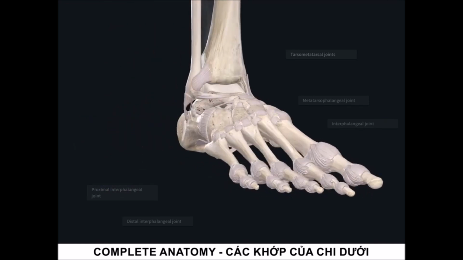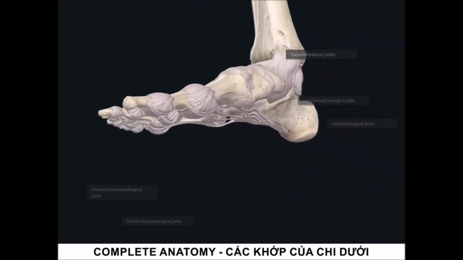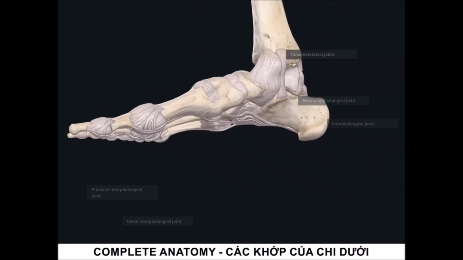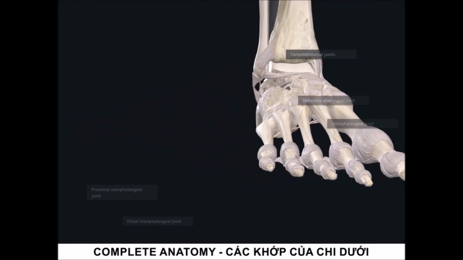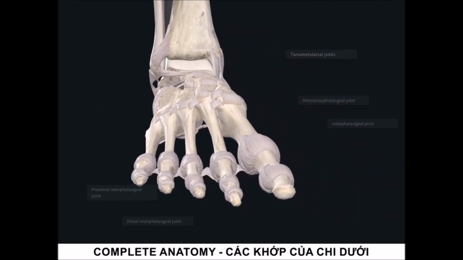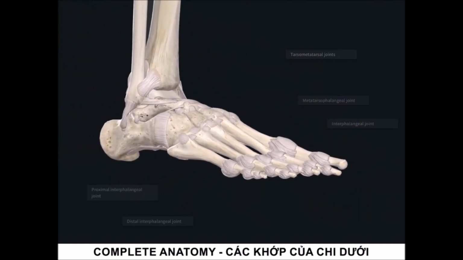All this flexibility also allows the foot to deform in response to walking on uneven ground. And of course, this is helped tremendously by the more flexible metatarsophalangeal and interphalangeal joints.